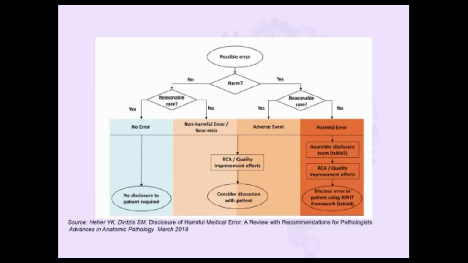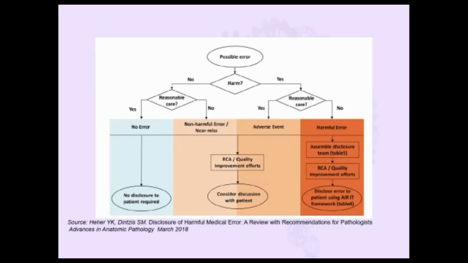If you're confronted with a possible error, the first thing that you can ask yourself is, could there be or has there been harm as a result of the error? Because that makes a difference in how you might approach it. If the answer is yes, there could be patient harm, you then go to the reasonable care. So was the care provided in the circumstance reasonable?